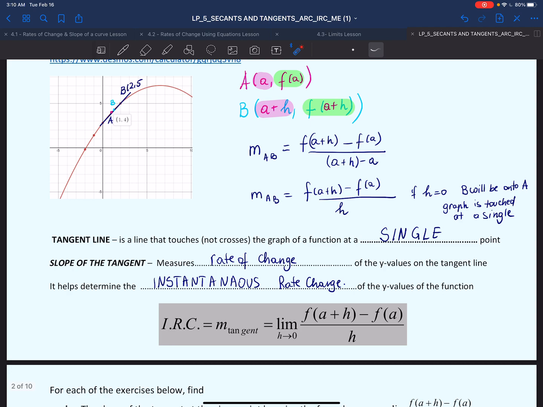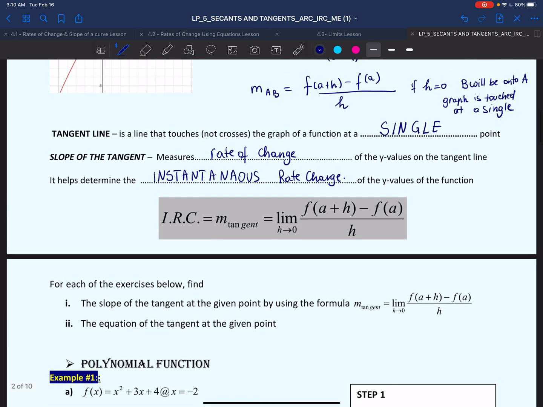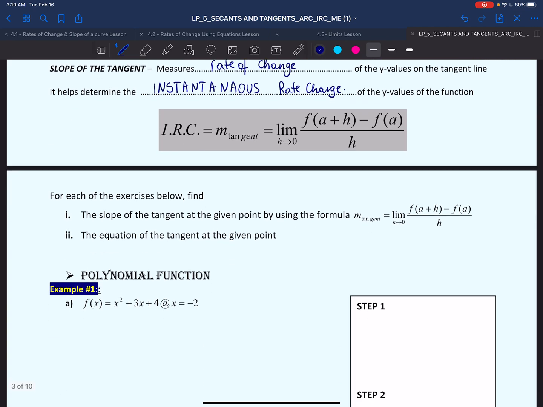So we're going to say that the instantaneous rate of change equals the slope of the tangent, or the limit as h approaches 0 of f of a plus h minus f of a over h. So this is what we call the formula for finding the instantaneous rate of change using limits.